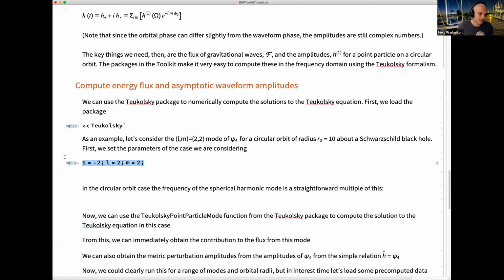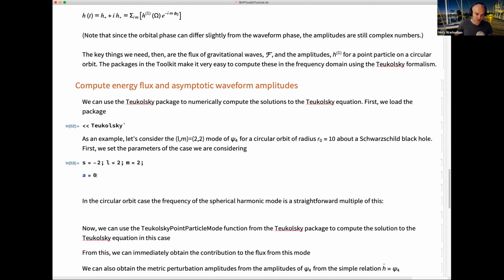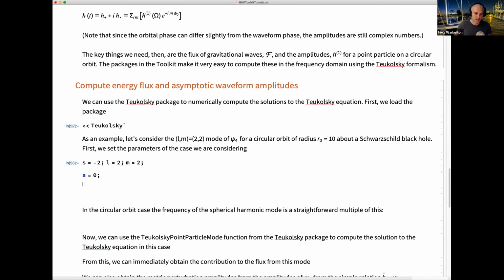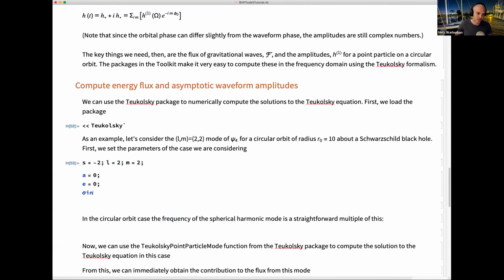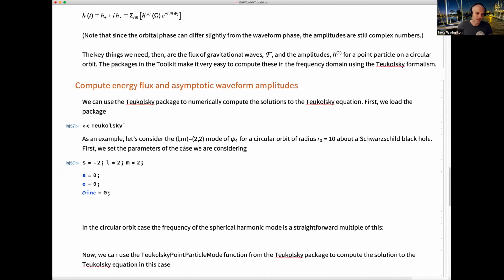So that's the modes that we want to solve for, and the spin weight of the field. We're going to set A equal to 0. So that's the Schwarzschild case. We don't want any eccentricity. At the moment, we can't actually use it. And we'll also set the inclination angle to 0, so it'll be in the equatorial plane. The package, although it doesn't yet do it, is set up to deal with generic orbits.